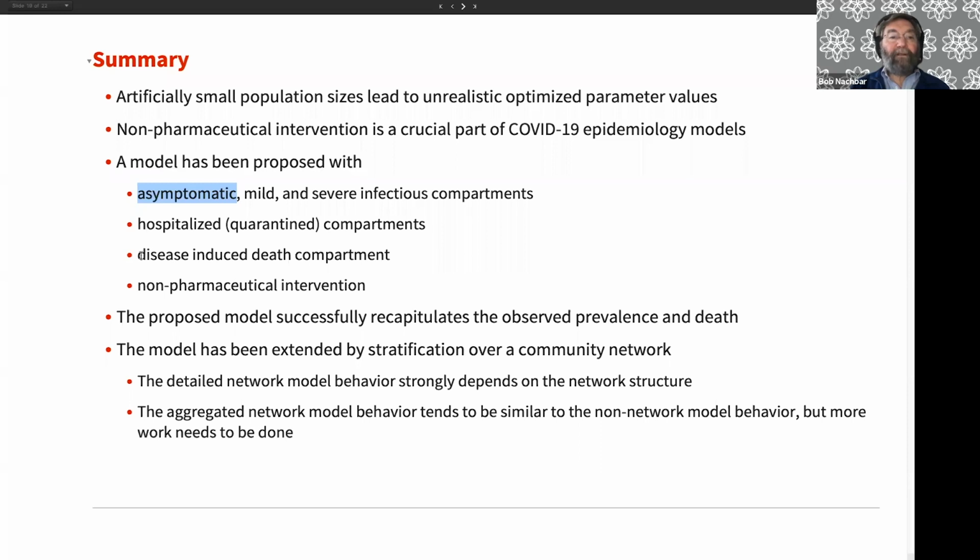We do have a death due to disease compartment, and as I said, non-pharmaceutical interventions are very important, especially for this disease, trying to understand what's happening now while it's live. And we have demonstrated we can extend the model over a network, but a lot more work needs to be done in order to understand what the effects of the network are.